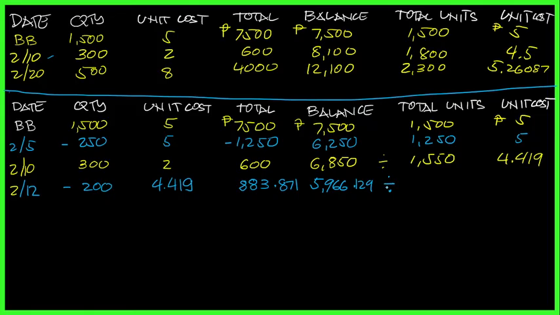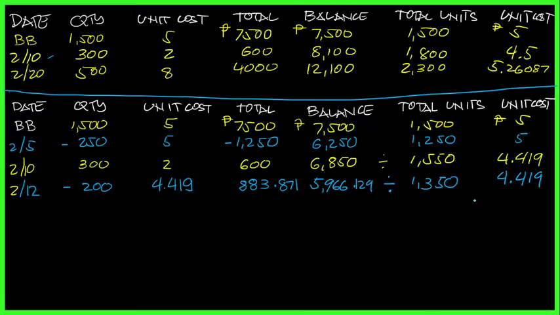So 1,550, you sold 200 units, so that's now 1,350. And of course, this is your sale, so it's not affected, no? It's 4.419.